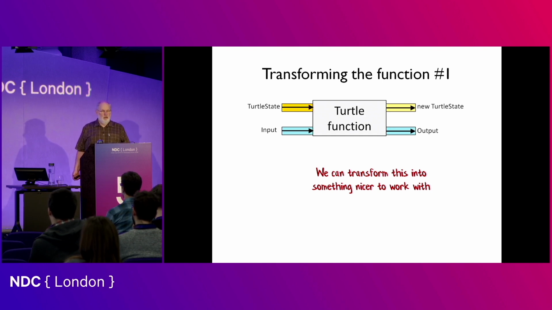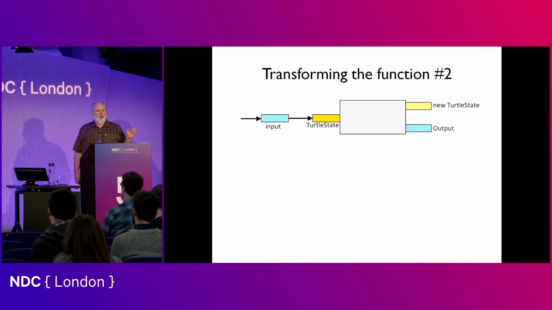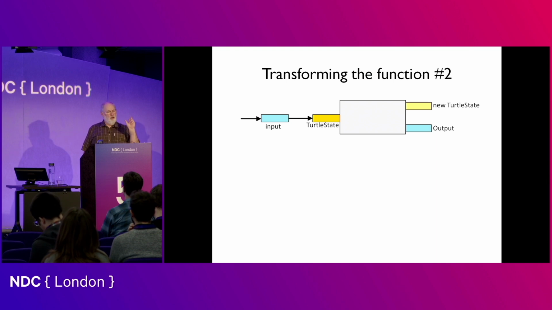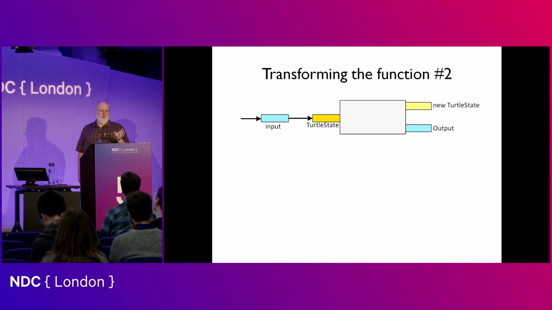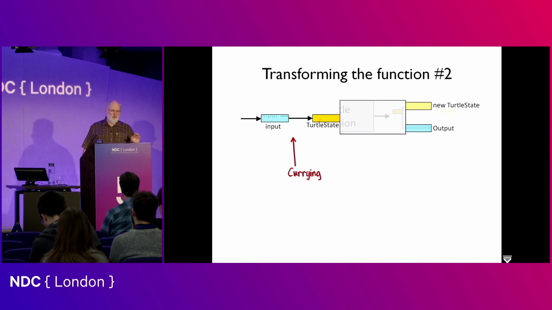And that's ugly, but what we can do is transform it into a function which has just one input, just the input parameter, and it returns a new function. So the second parameter, the turtle state, is actually saved for later. So this thing of turning a two-parameter function into a one-parameter function which returns another one-parameter function is called currying, really common in functional programming.